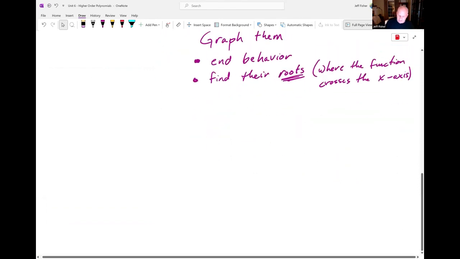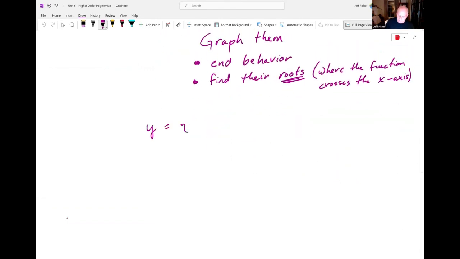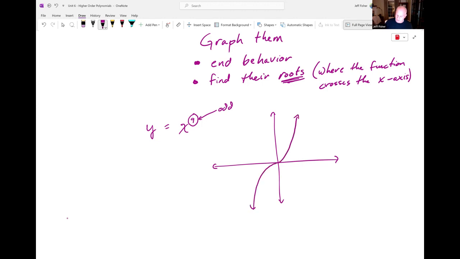If we look at x to the 9th, y equals x to the 9th, we see that this is an odd number, right? And our odd numbers tend to go like this, right?